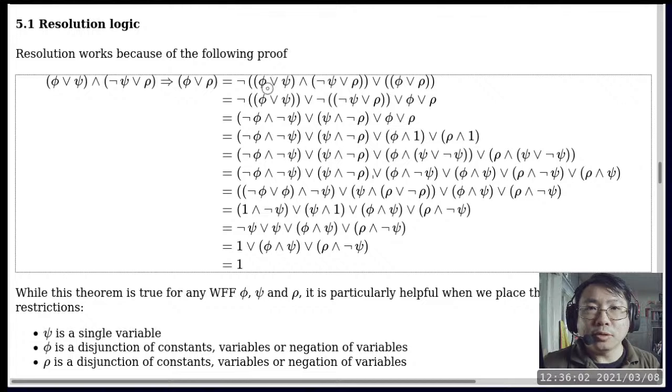From the first line to the second line is De Morgan's law, and from the second line to the third one is another De Morgan's law. So we are converting this thing here into this thing over here. De Morgan's law works in two different ways. I'll explain that in just a little bit.